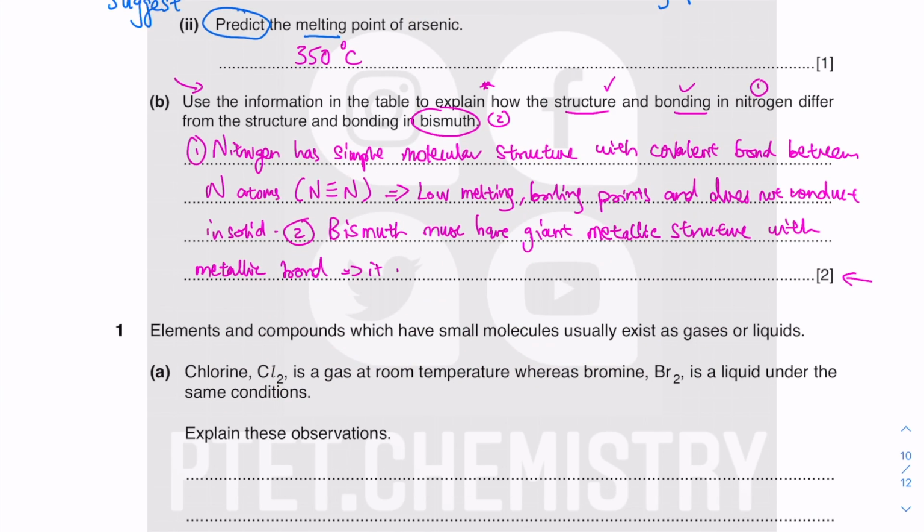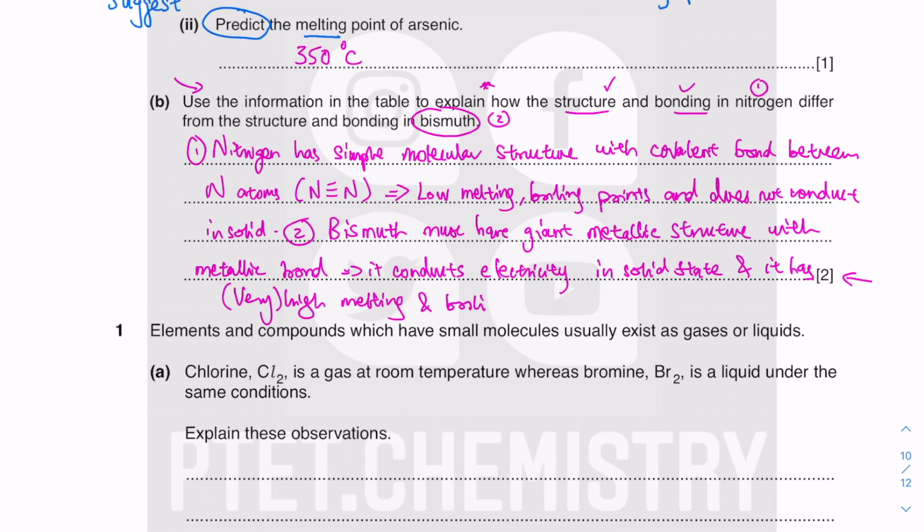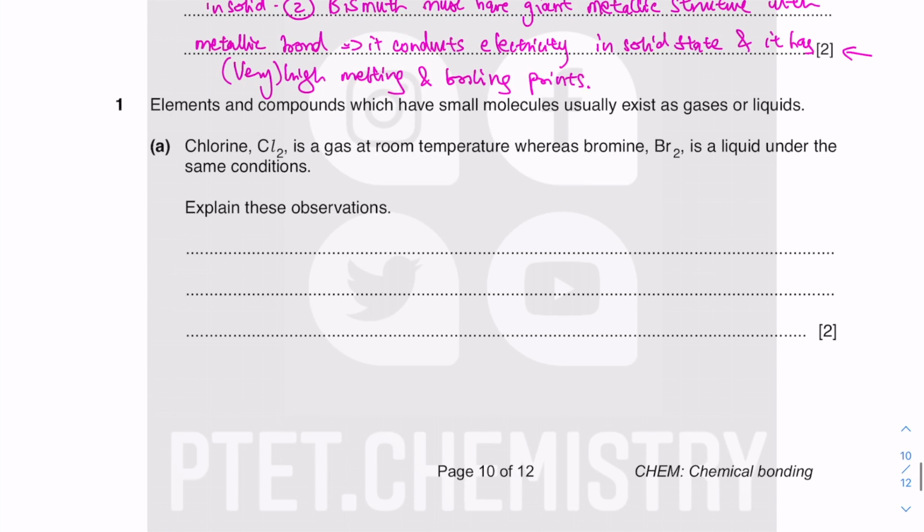So it conducts electricity in the solid state, and it has high melting and boiling point. High melting and boiling point together with conduction of electricity in the solid state point to it being a giant metallic structure instead of being simple molecular.